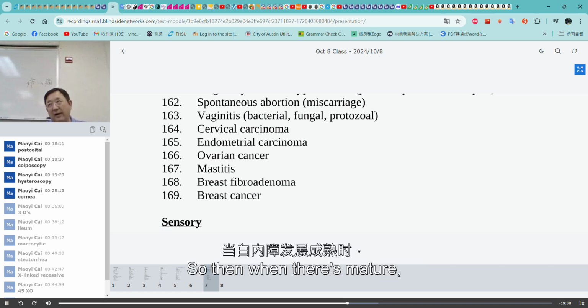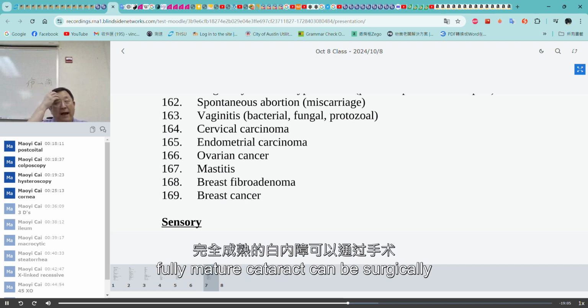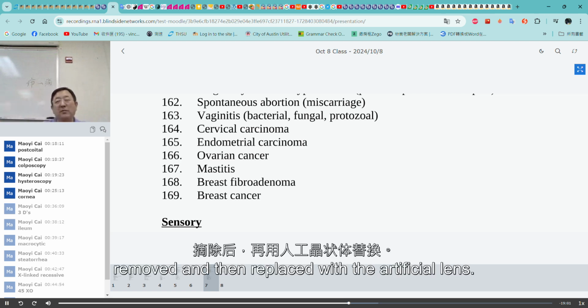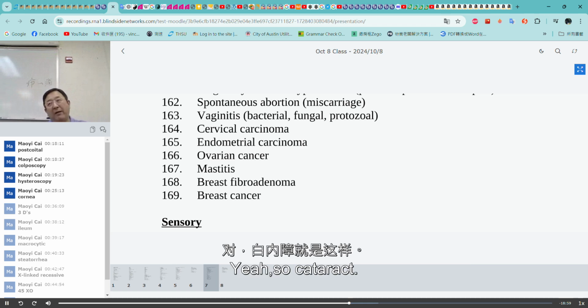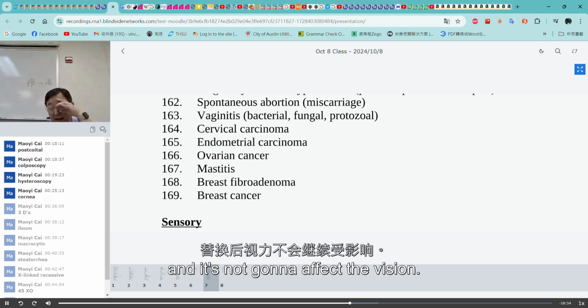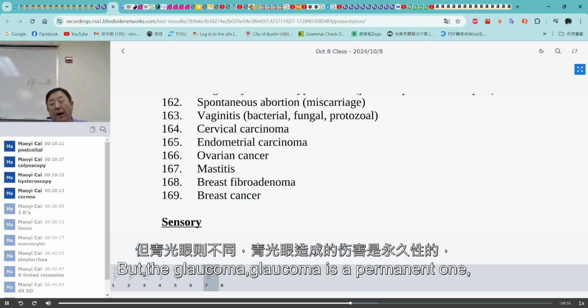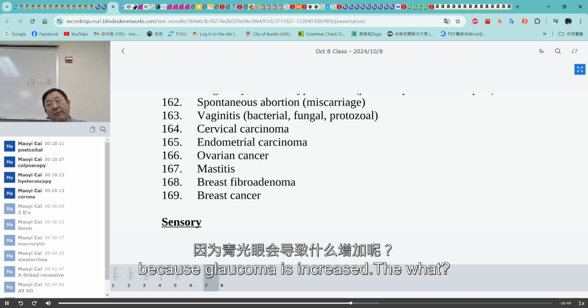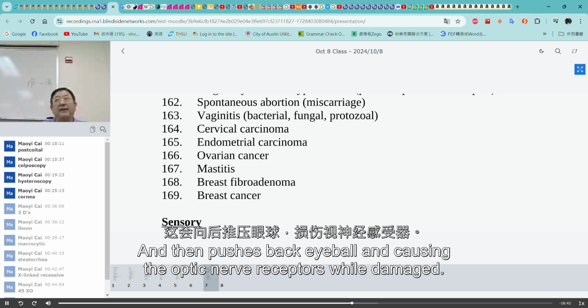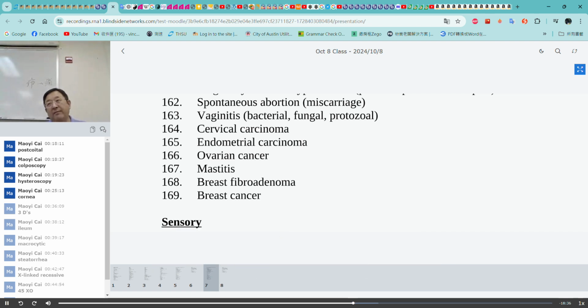Cataract. Cataract is when the lens becomes cloudy. When it's fully mature, the cataract can be surgically removed and replaced with an artificial lens. So cataract is not permanent. You can replace it, and it's not going to affect the vision. But glaucoma is a permanent one, because glaucoma is increased eyeball pressure inside, too much fluid, which pushes back on the eyeball and causes optic nerve receptor damage, so you can go blind.